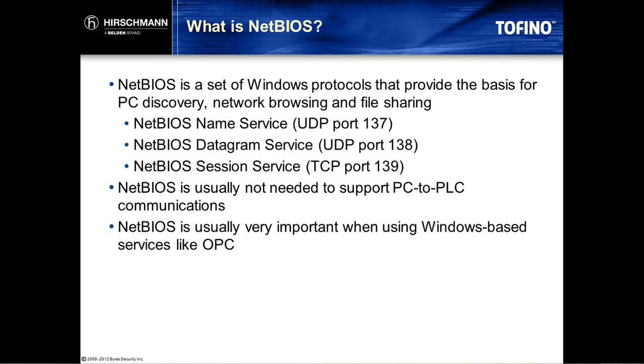And in order to resolve the computer name down to an IP address, you must have access to these Windows naming services that run on top of NetBIOS. So we're faced in that case with a situation where we must allow NetBIOS through any Tofinos that are isolating OPC clients and servers.